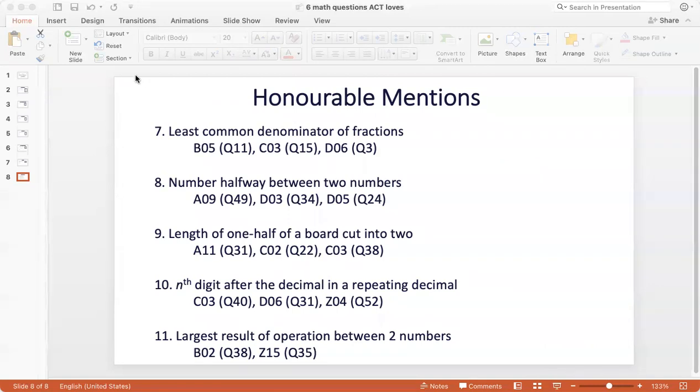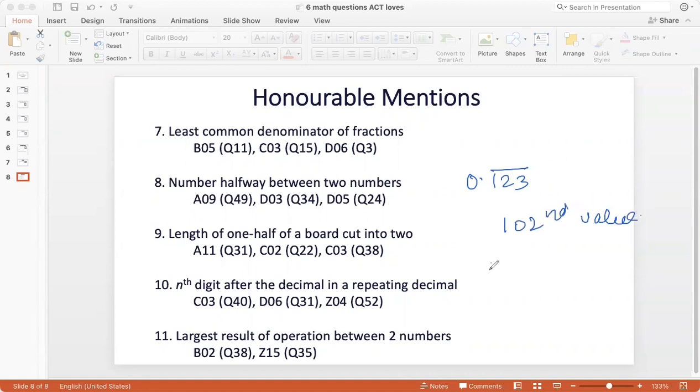Okay, the other question is about the nth digit after the decimal in a repeating decimal. I've already made a video on this, so I'll link to that in the description box. But just to give a quick question, let's say I have 0.123 bar, which means it's a repeating decimal, and I'm asked to find the 102nd value after the decimal.